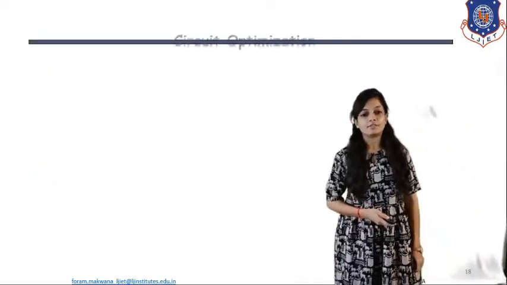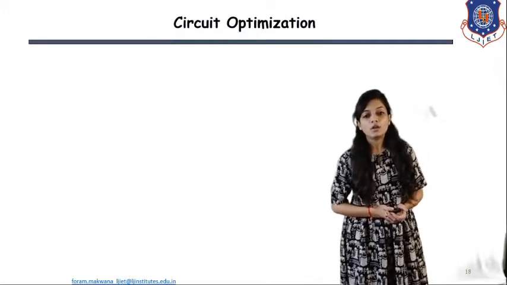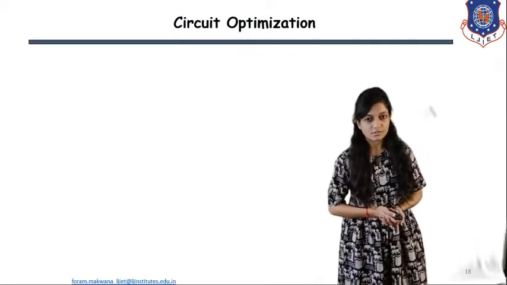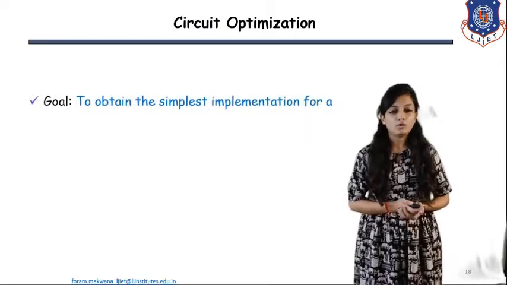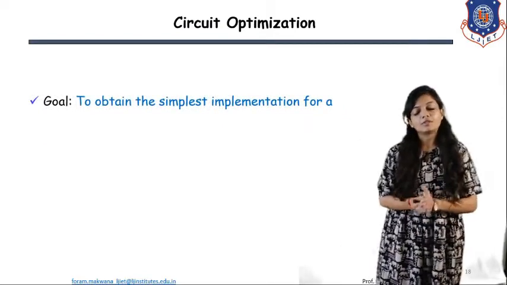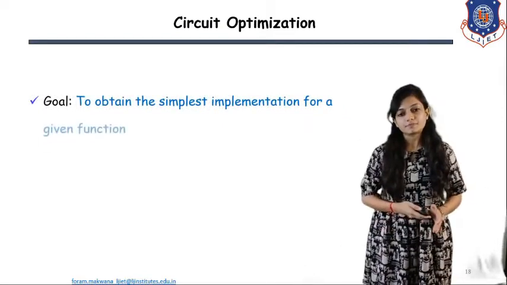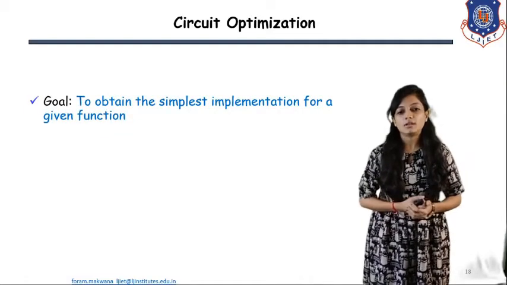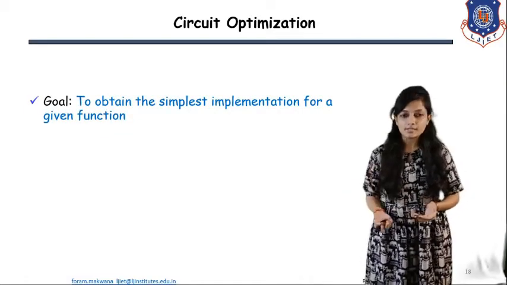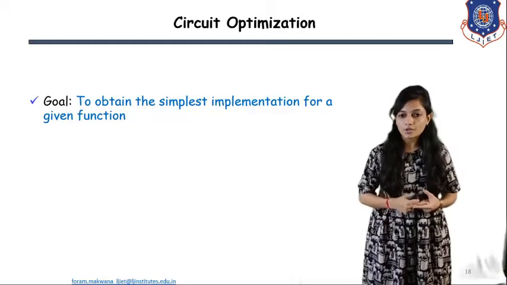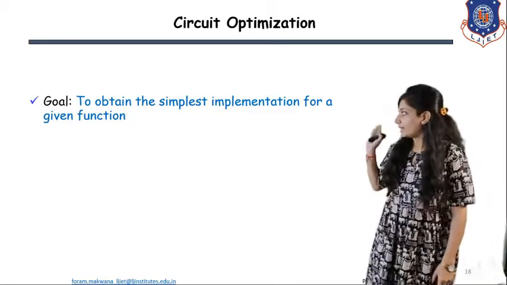In this session, first of all, circuit optimization. Now, we know that in a digital circuit we are only using gates, different logic gates like AND, NOT, XOR, XNOR, NAND and NOR.